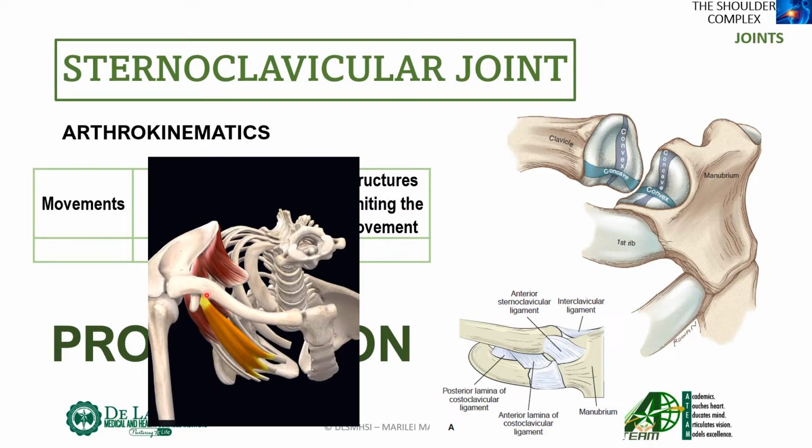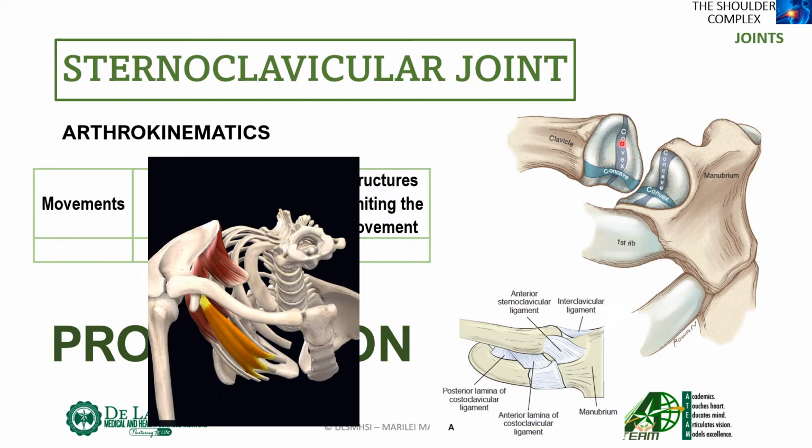This is protraction. The shaft is moving anteriorly during protraction. Therefore, in open kinematic chain protraction, the roll will be anterior, and since it follows the same rule, the glide or slide happening on the clavicle is anterior also.